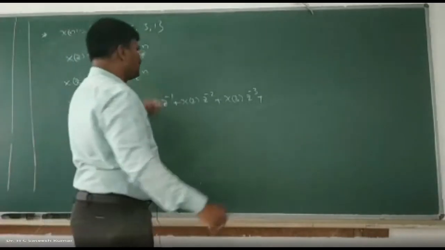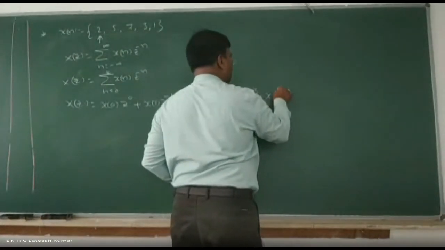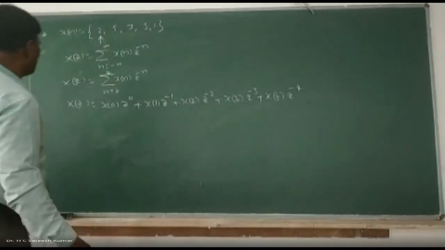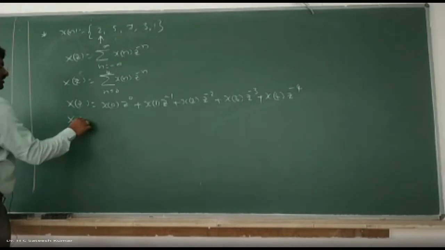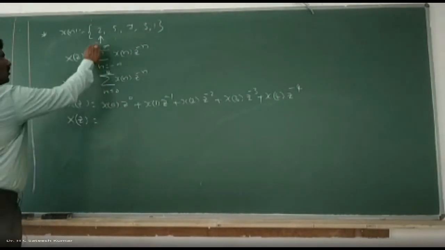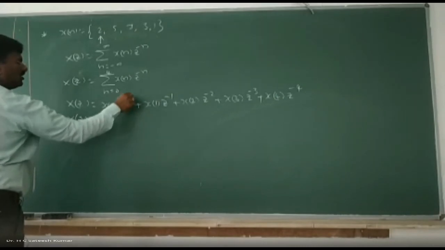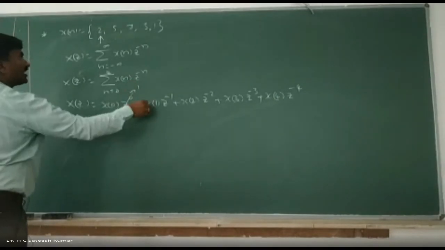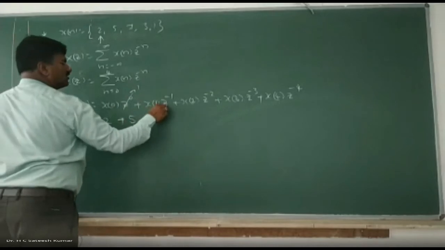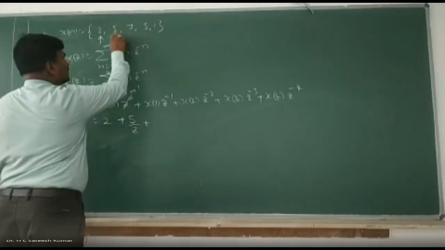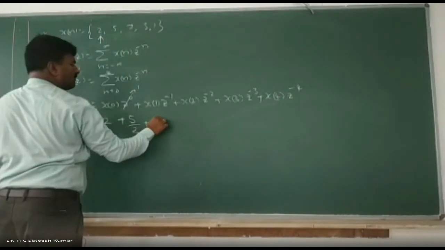So plus x of 4 into z to the power of minus 4. Now substitute the values. x of 0 is 2, into z to the power of 0, which is 1. Plus x of 1 is 5, into z to the power of minus 1, which I can write as 5 divided by z. Plus x of 2, counting 0, 1, 2, is 7.